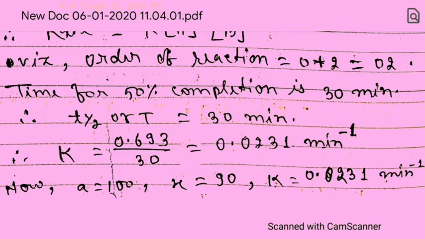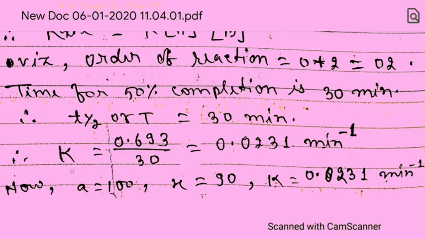Second question: time for 50% completion is 30 minutes. What does it mean? T half, that is half-life period, is equal to 30 minutes. Why is it half-life? Because 50% concentration has changed.